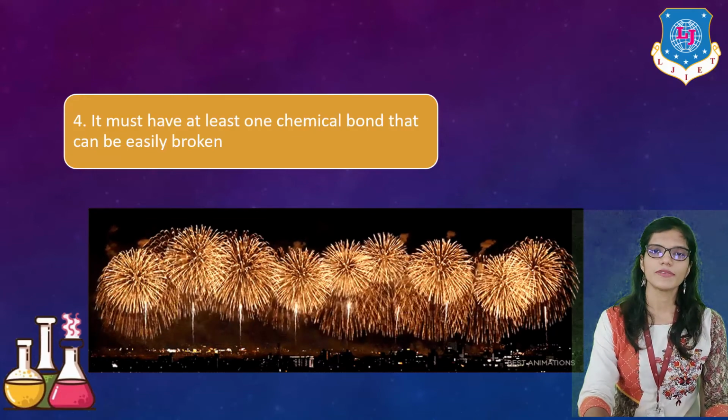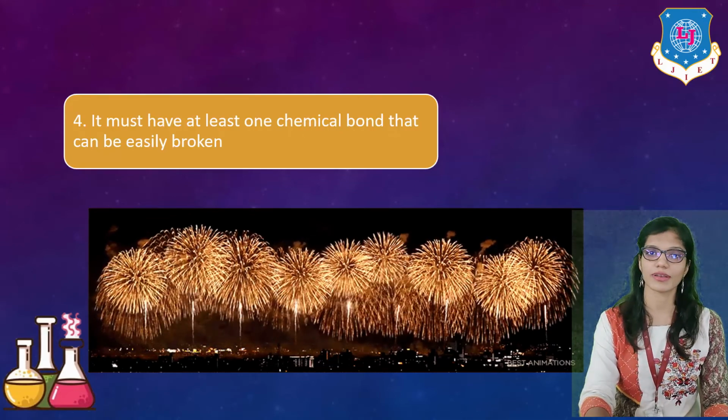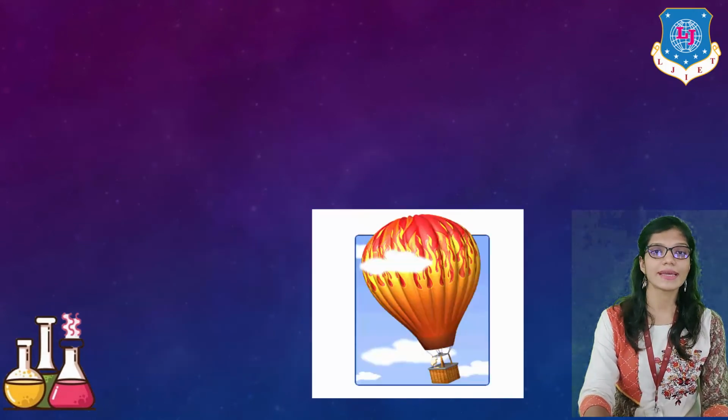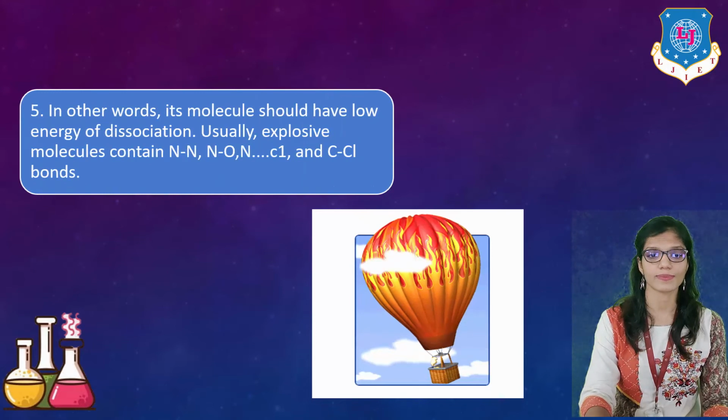The next property is that it must have at least one chemical bond that can be easily broken, right? It should contain at least one type of chemical bond which can be easily broken down.